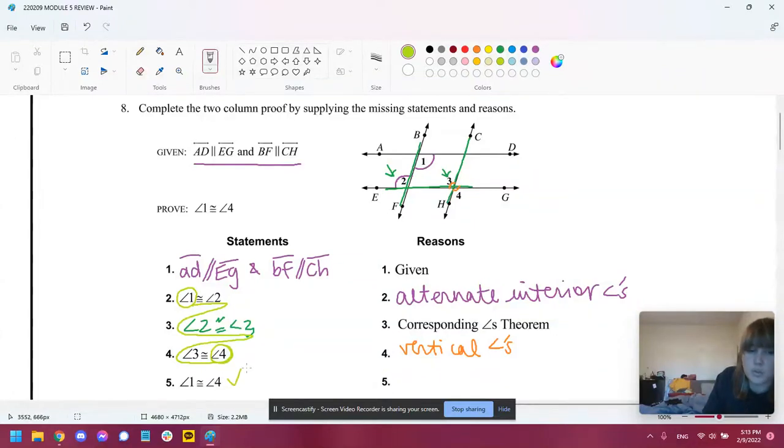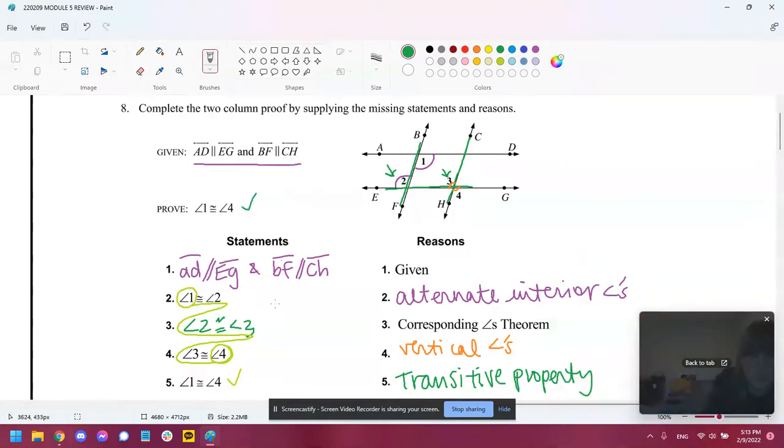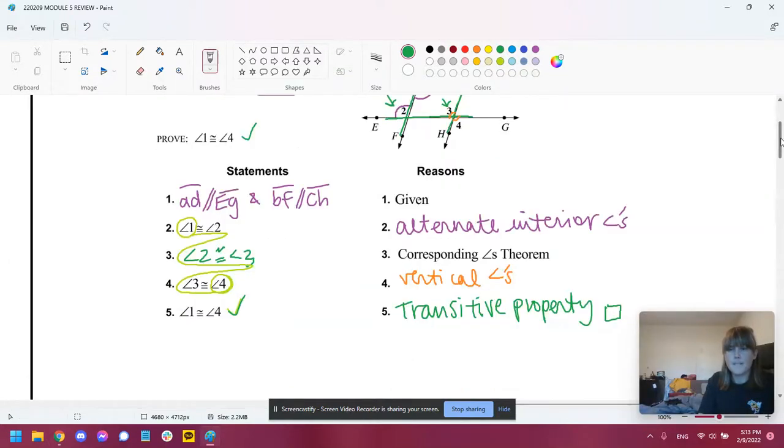And that's why they're equal to each other. We call that transitive property. And then we've showed the thing we want, so we are finished. Nice.